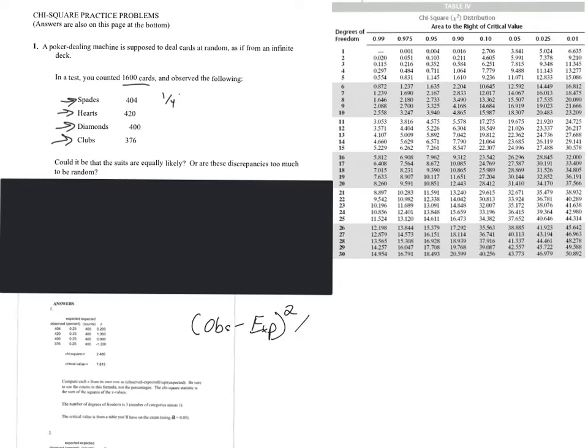Then divide by the expected value, and that's going to give you some magnitude, some number, no units, each time. You're going to sum up those numbers, for each one of the categories. So you do this for the hearts, for diamonds, for clubs, for spades, and you end up with a chi-square number.